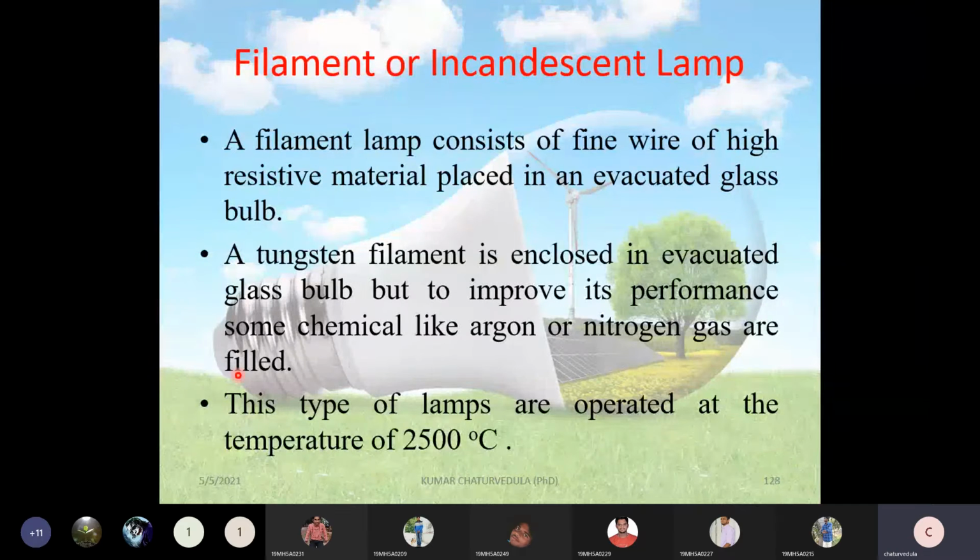The filament lamp consists of a thin, highly resistive wire placed in an evacuated glass bulb. The filament is made of tungsten, and to improve performance, chemically inert gases like argon or nitrogen are filled. As I already informed you, these lamps operate at a temperature of around 2500 degrees centigrade.